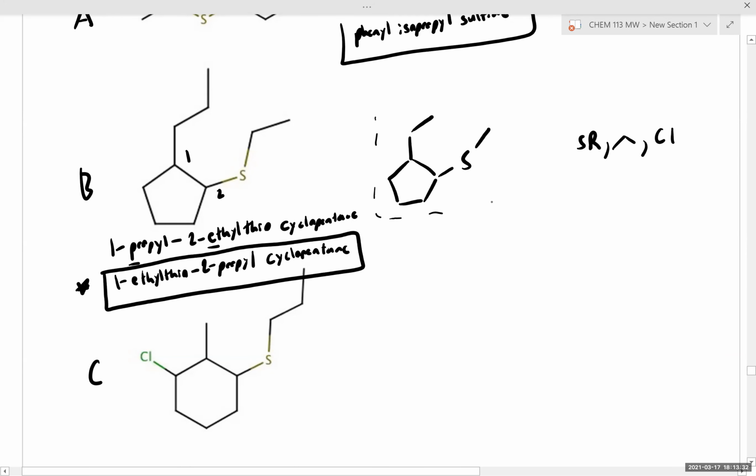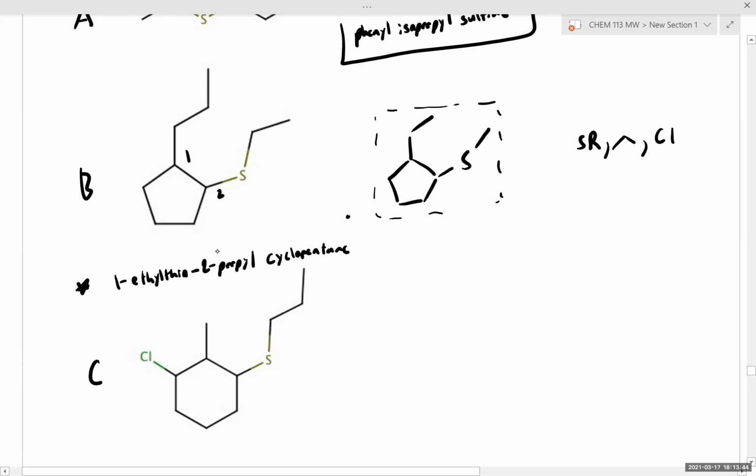Would anyone like to propose a name for this second compound, keeping in mind what we observed earlier? Would anyone have a proposed name for the second compound?